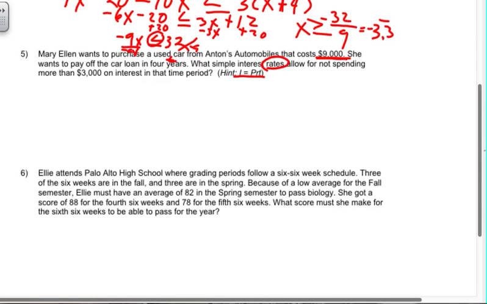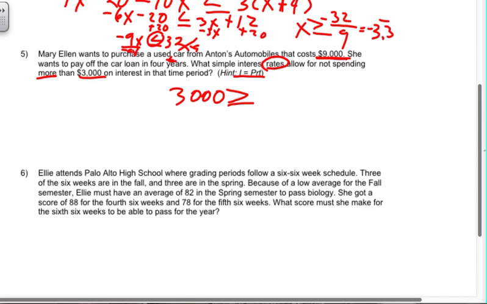So we start plugging numbers in. Interest is 3,000. She doesn't want to spend more than 3,000. So 3,000 is going to be the upper limit. But she could probably also live if it was equal to it.